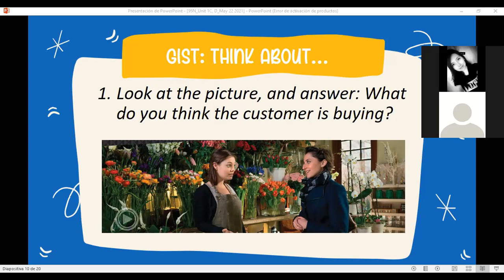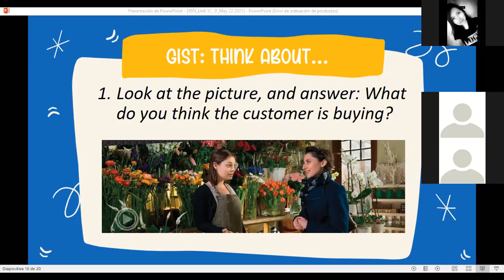Can you see the screen? Yes, teacher. Okay, pay attention, guys, because you're going to see a video. Be very attentive to the next part. Listen carefully, guys.